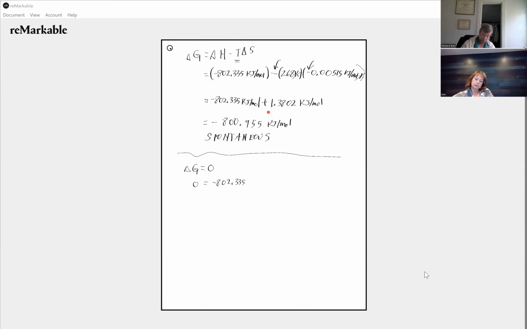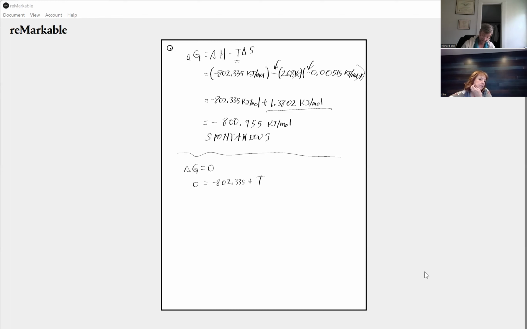And we already know T delta S, so we can go ahead and just add that. Nope, we don't want to do that, because we know that's not 0. We're looking for the temperature. So in this equation, temperature becomes the unknown.